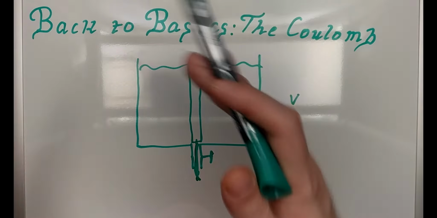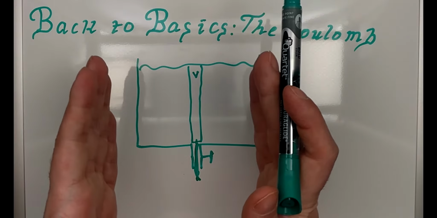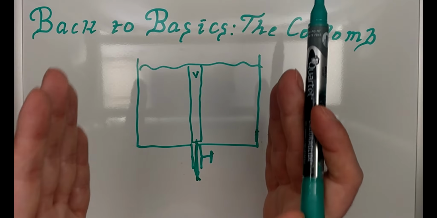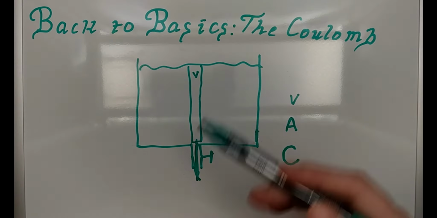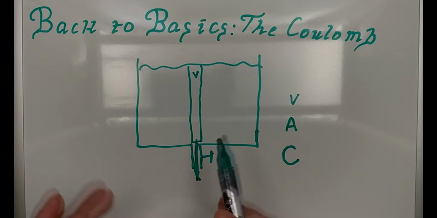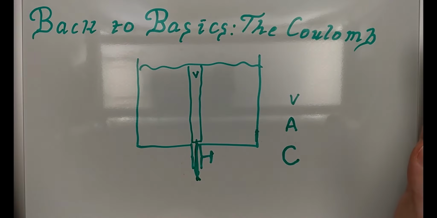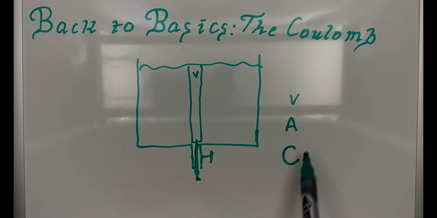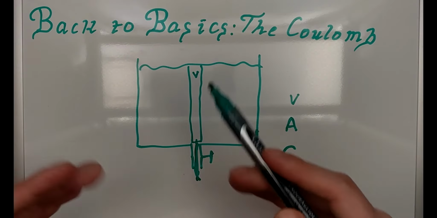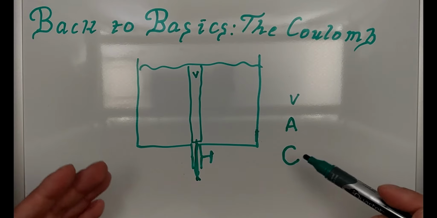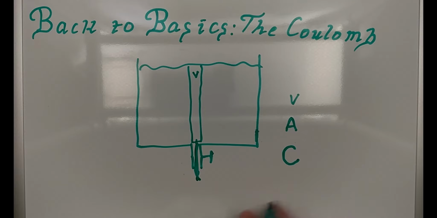If we fill it to a deeper level and keep the tank walls at the same distance, our voltage is going to go up, and so are our coulombs. If we make the tank wider, our coulombs are going to go up, but our voltage is going to stay the same. So it all depends. It's basically how much water we have in this tank, and that's what coulombs are.